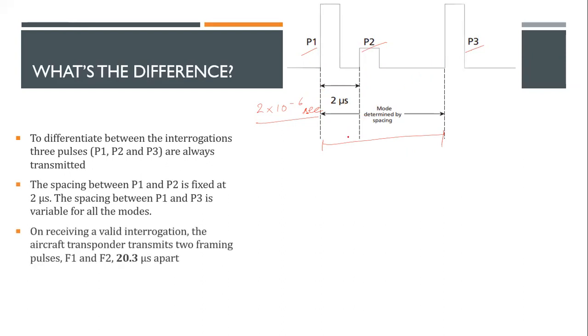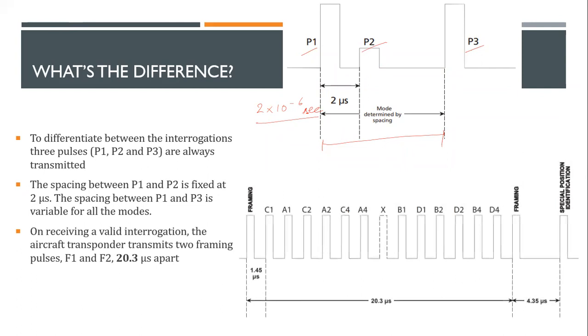On receiving a valid interrogation, the aircraft transponder transmits two framing pulses. What are these? P1 and P3. So there are frames, and in these you have different numbers.